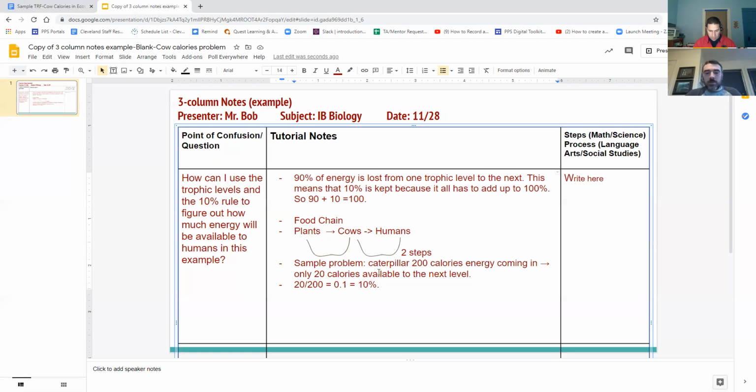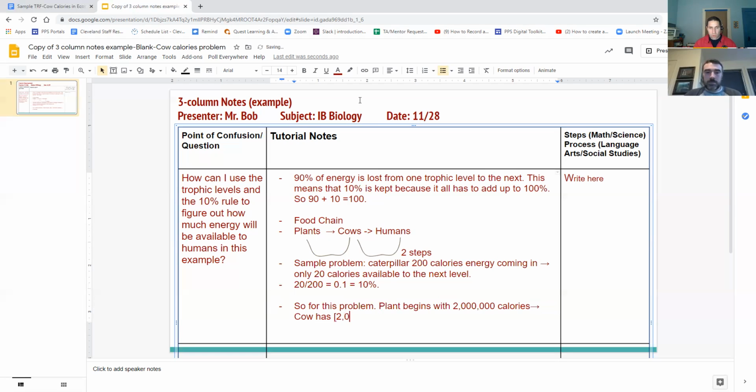Right, so now what would happen if you now apply that idea to the cow problem? Okay, so for this problem, the plant begins with 2 million calories. And so then the cow is going to have, what's it going to be?